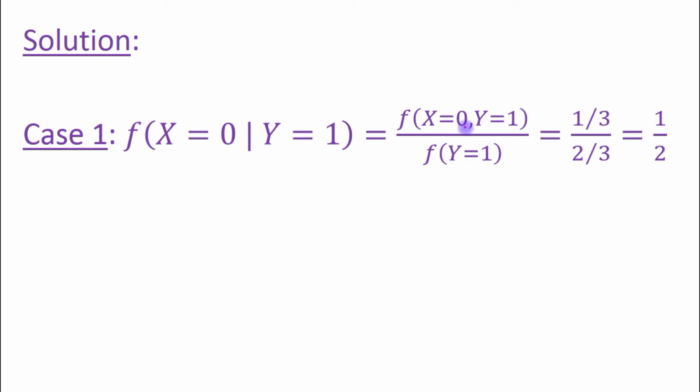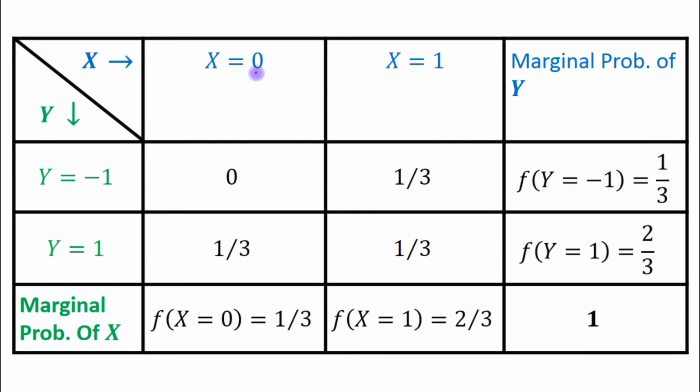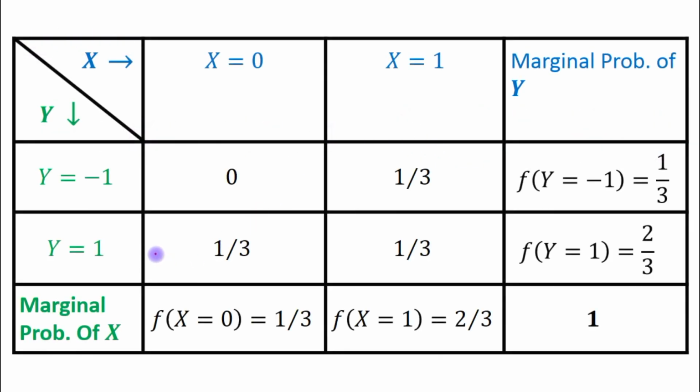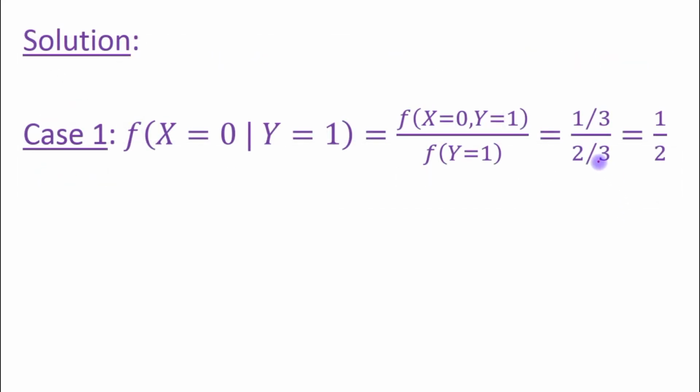So the joint probability of x equals 0 and y equals 1 is given as 1 by 3, and the probability that y equals 1 is given as 2 by 3. So we have written 2 by 3 and the final answer is 1 by 2.